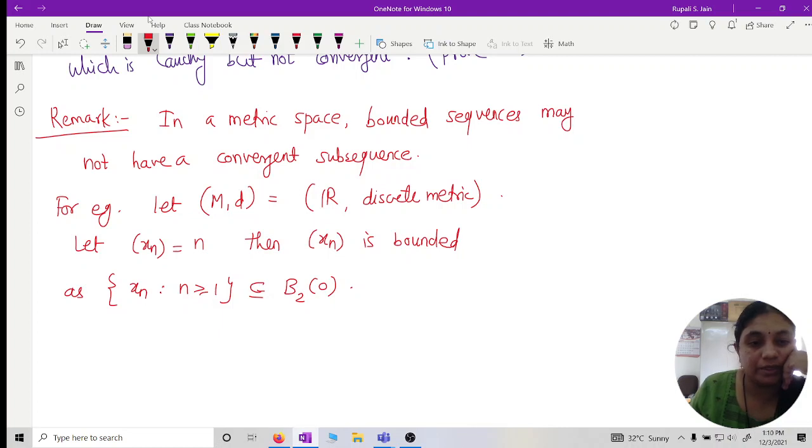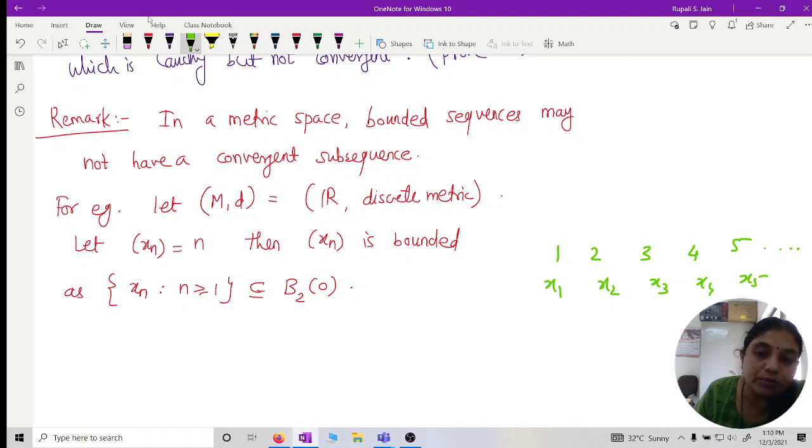What is x1 for this sequence? The sequence is 1, 2, 3, 4, 5 and so on, right? I am saying it is contained in B(0, 2).